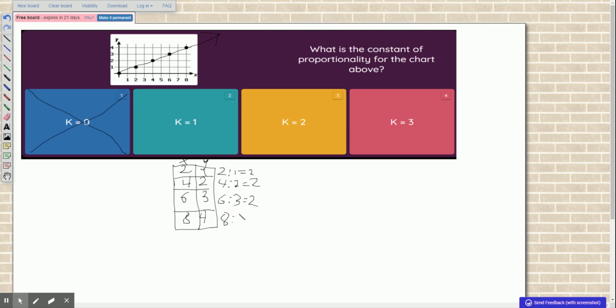And 8 to 4 would give me a unit rate of 2. So all of these have the exact same rate. They all have a rate of 2, which means my constant of proportionality is 2. And so we would select the yellow one. K is equal to 2.